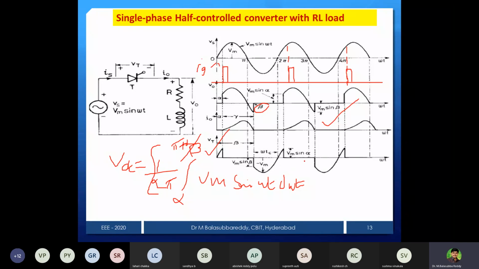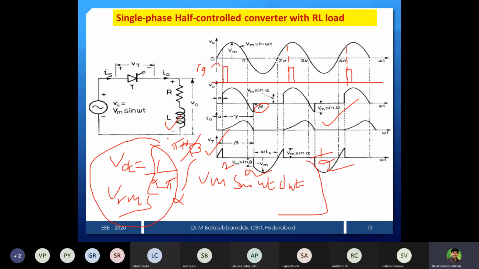Same thing, you just square it and take the whole power 1 by 2, and you will get VRMS. That's all. Once you know VDC and VRMS, you can get PDC, PAC, efficiency, maximum output voltage, transformer utilization factor, form factor, ripple factor, and power factor. All the things are formulas; only VDC and VRMS are different.